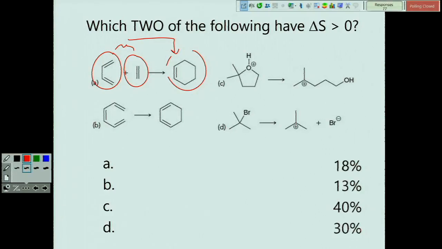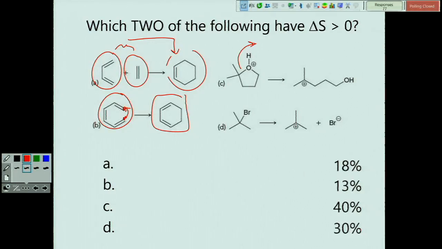For the second one, B on the bottom left, it's 1 to 1, so there's no change there. However, you have a completely open chain compound in which now you have a ring closure. So a new bond is formed between this atom and this atom. This closes the ring, right? So ring closure automatically comes with a negative delta S. That's exactly the opposite of what's happening in C, right?